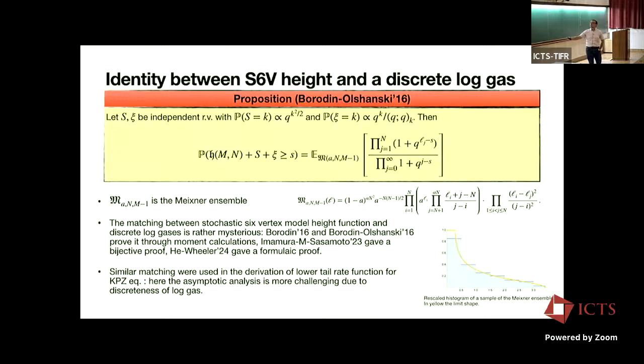In that case, the model appearing here is not the Meixner ensemble, but is the Airy point process, which is a continuous model, making the analysis much more explicit. If you are a person that has dealt with similar problems, you understand. If not, it is what it is.